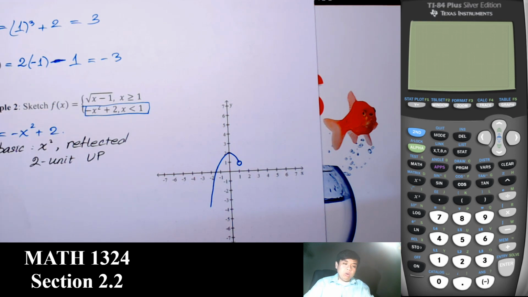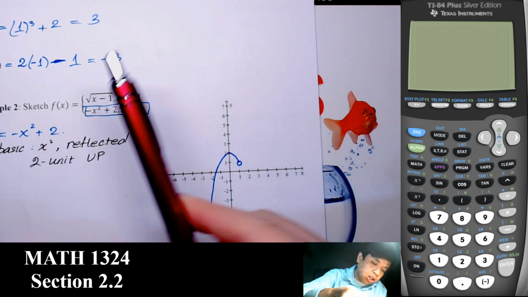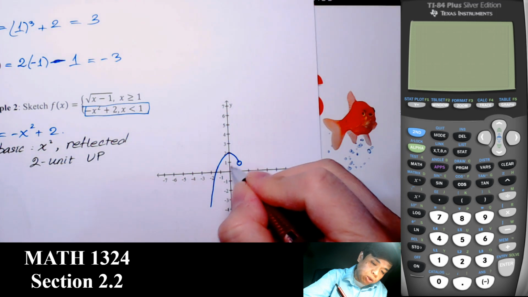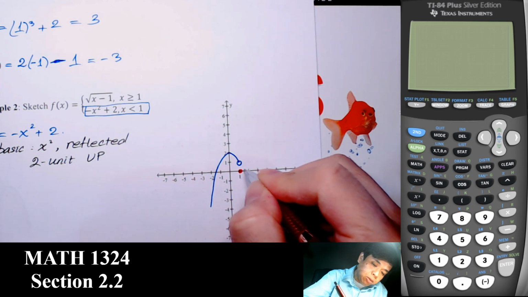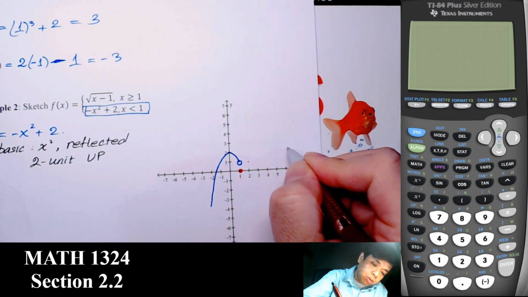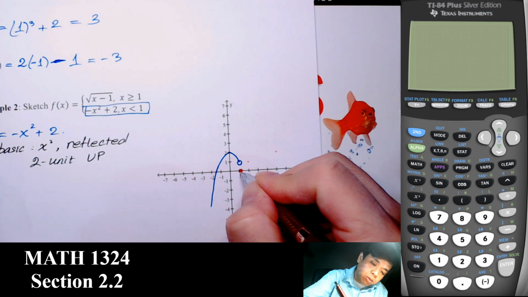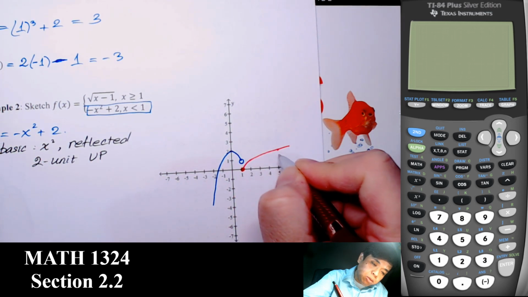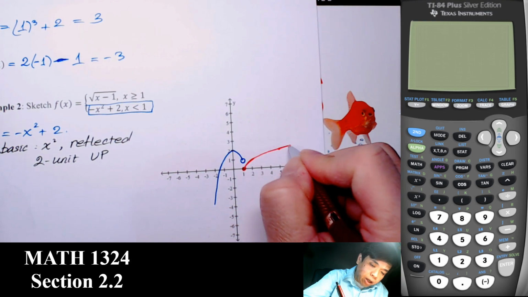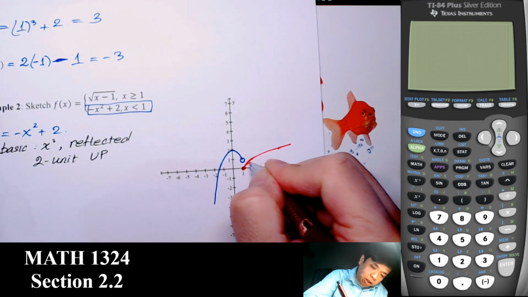Next, we have the square root when x is greater than or equal to 1. Well, that's just 1 unit to the right. So the square root is this, 1 unit to the right. And this has an equal sign, so this graph has 2 parts.